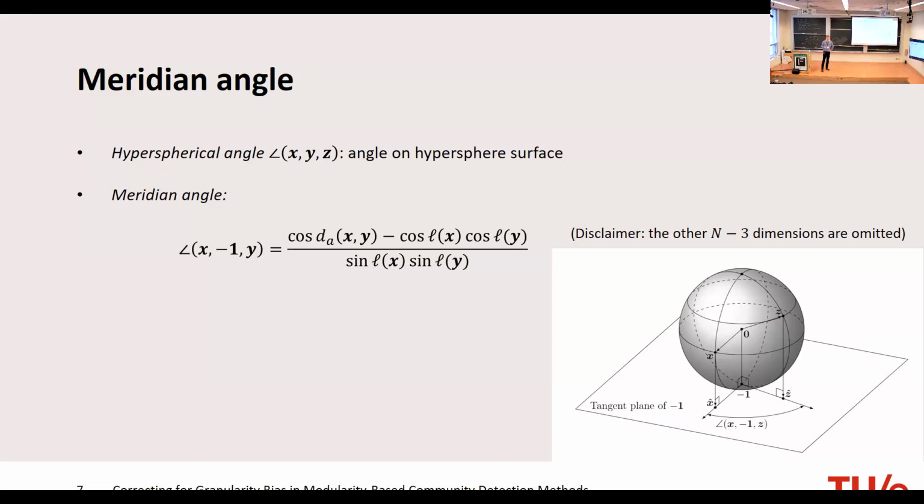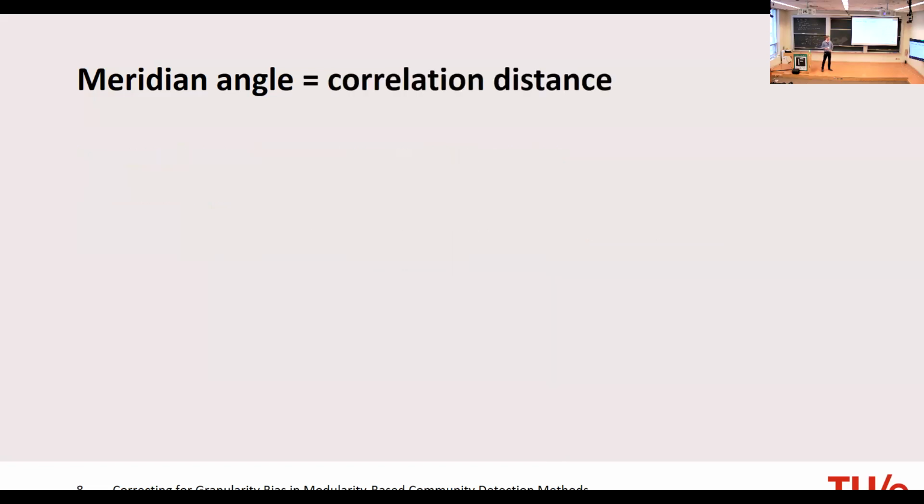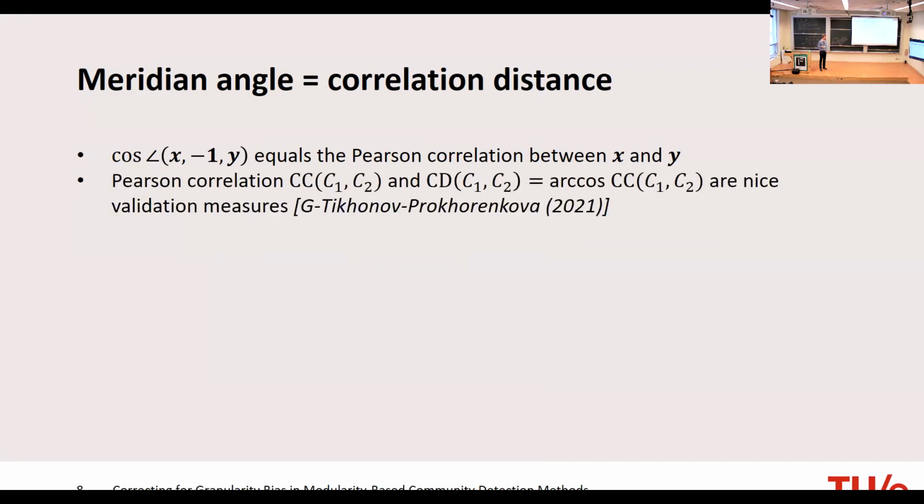What turns out, interestingly, is that this meridian angle is actually equal to the arccosine of the Pearson correlation between these 2 vectors. So if you take 2 vectors, then their Pearson correlation, the arccosine, is exactly equal to the angle that these points make at the meridian. This is very convenient because in prior work, we looked at all kinds of cluster similarity indices, that is, measures of similarity between partitions.